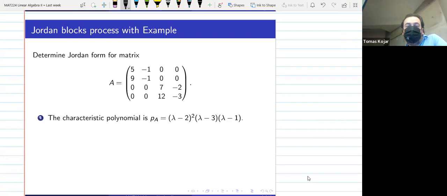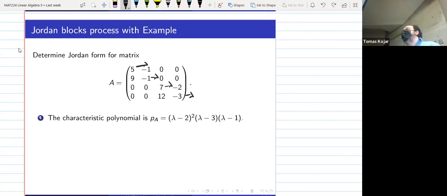You have to take the determinant, right? So you do minus lambda like this, and you expand along a row. It's disgusting, I'm not going to do that. But do you want me to do it?